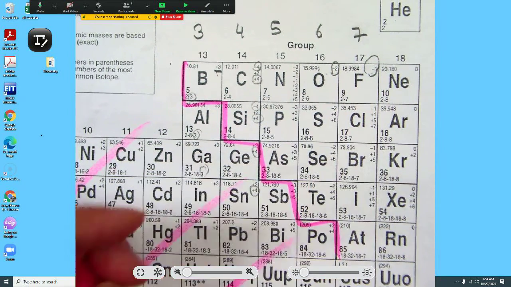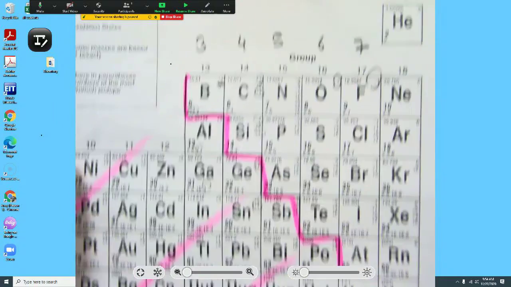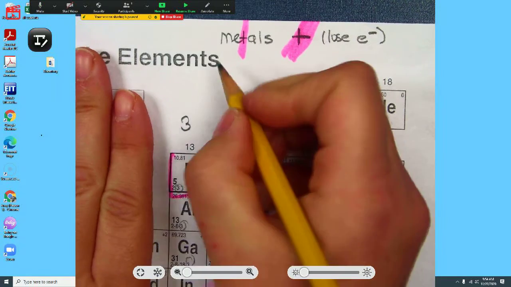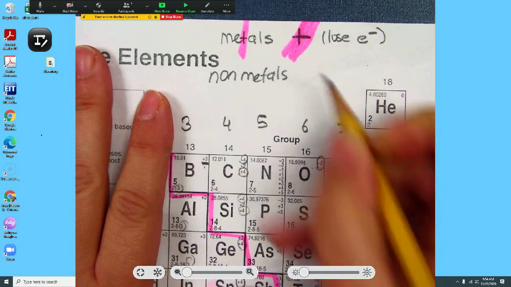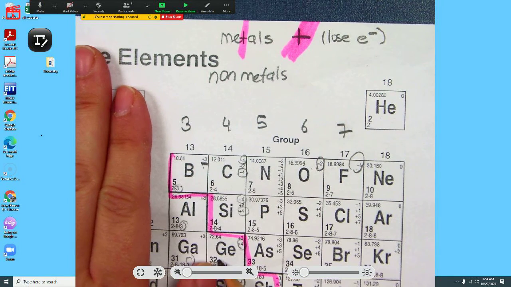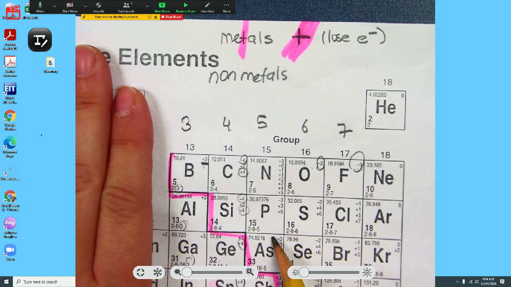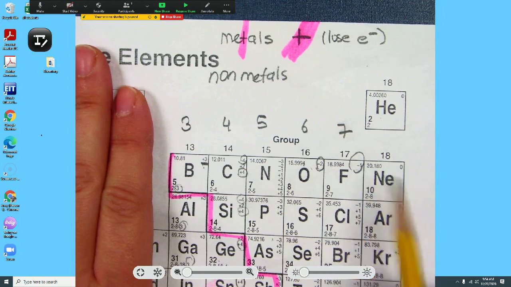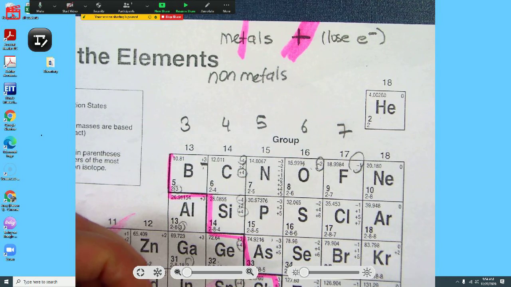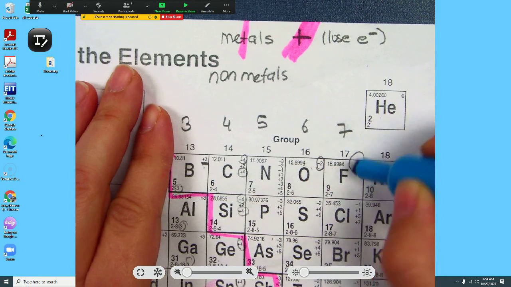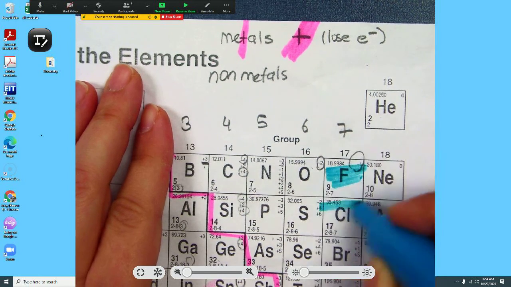However, non-metals, that is also a very important tip here. Non-metals, which are this side of the stairs, these are non-metals. Let me highlight the non-metals for you. Non-metals will always gain electrons.